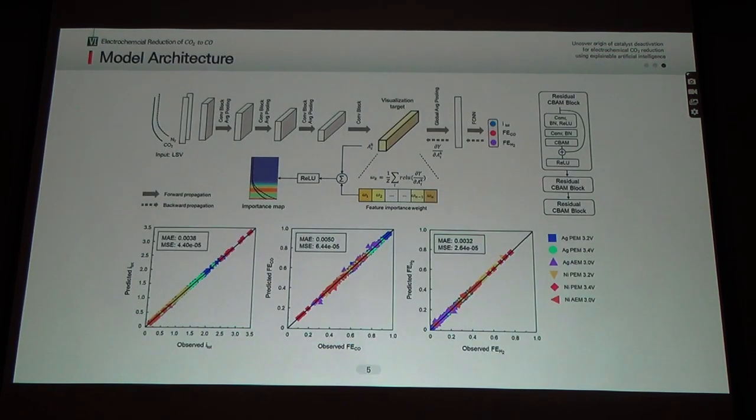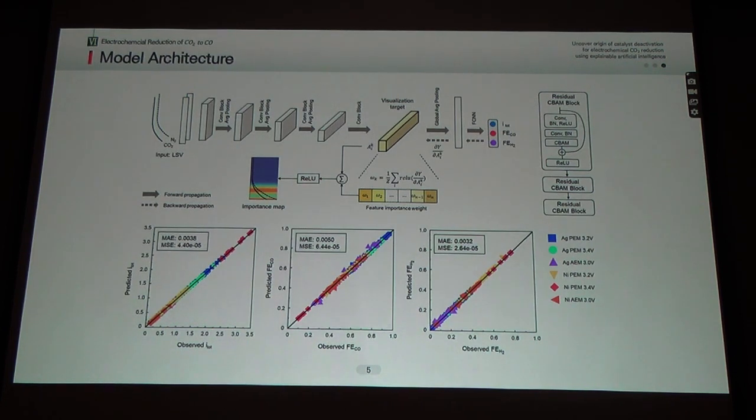So this is our proposed 1-dimensional convolutional neural network. We have the CBAM in order to increase the performance. What I mean by CBAM is that it is composed of spatial attention and channel attention methods.